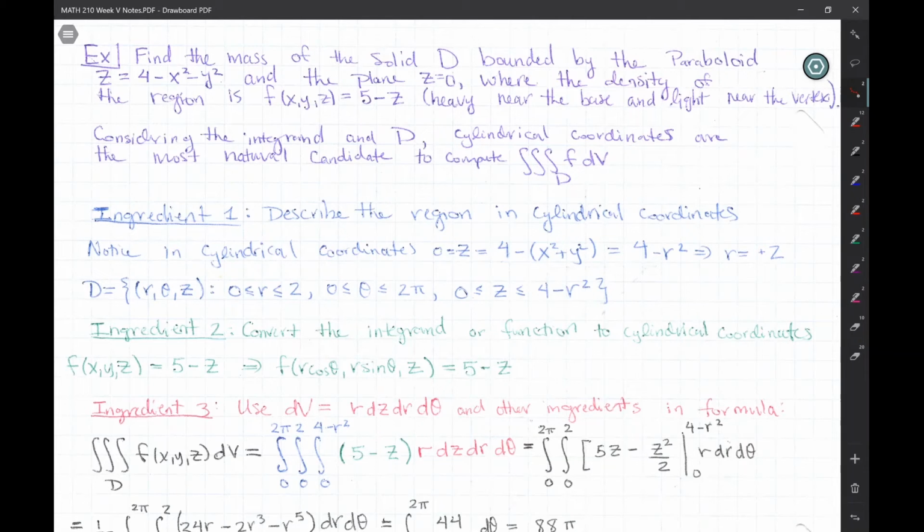So due to the domain and the function being amenable to cylindrical coordinates, we will integrate using cylindrical coordinates.